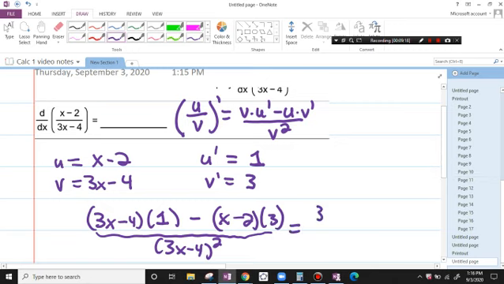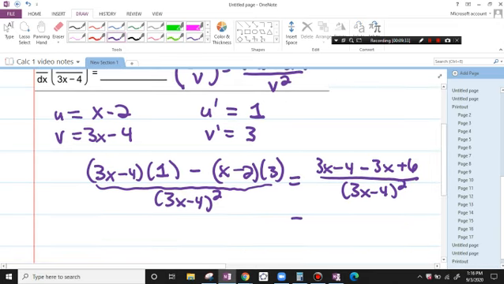We distribute here: 3x minus 4, and then minus 3x plus 6, all over 3x minus 4 squared. The 3x's cancel. Negative 4 plus 6 is 2, so that's going to give us 2 over 3x minus 4, all squared.